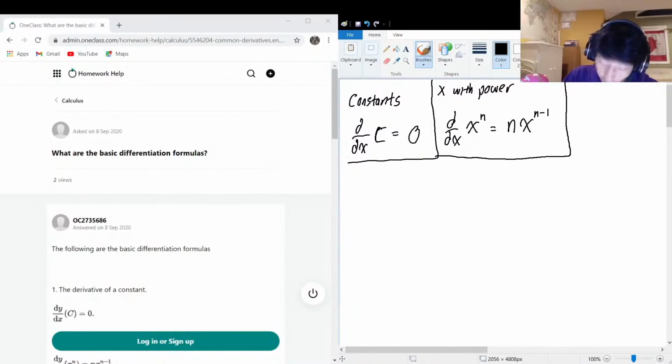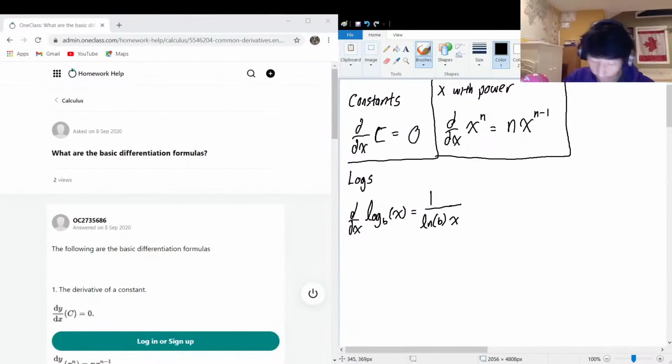The next thing that we want to do is logarithms. So the derivative, d over dx of log with base b of x, is equal to 1 over the natural logarithm of the base times x.